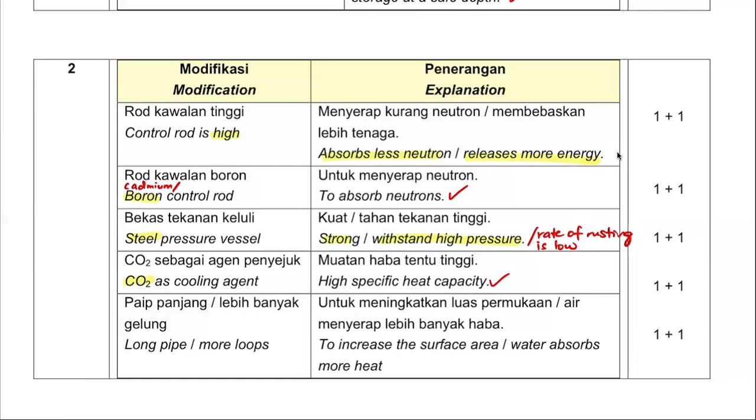And the pipes should be long pipes, or you can also suggest the pipes installed in loops to save space. This is to increase the surface area and also to enable water absorb more heat.